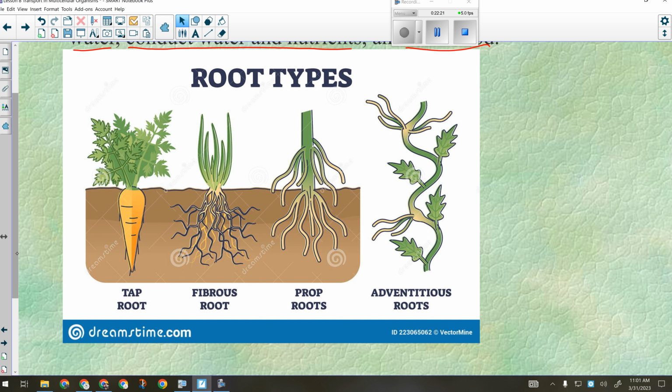But they can become roots if they touch something that could be rich in nutrients, even drywall. If I'm not careful with this stuff, if I don't keep it away from the wall, it will put those things literally through the drywall.